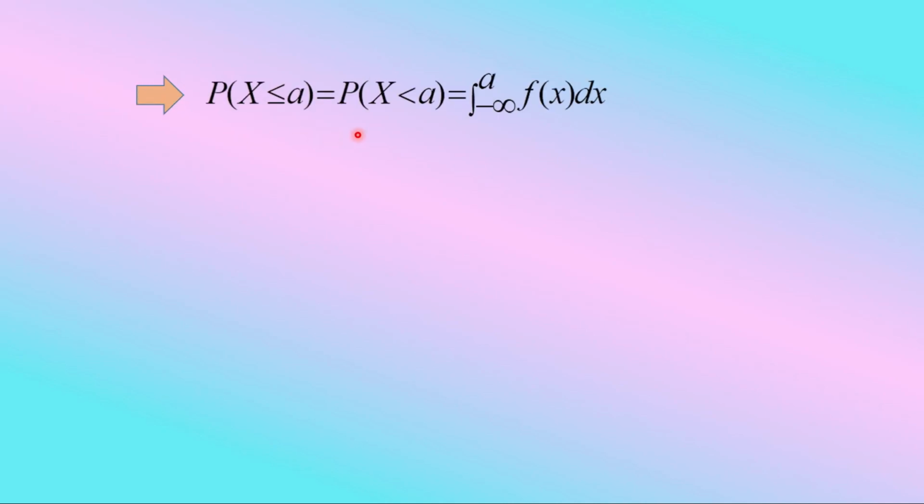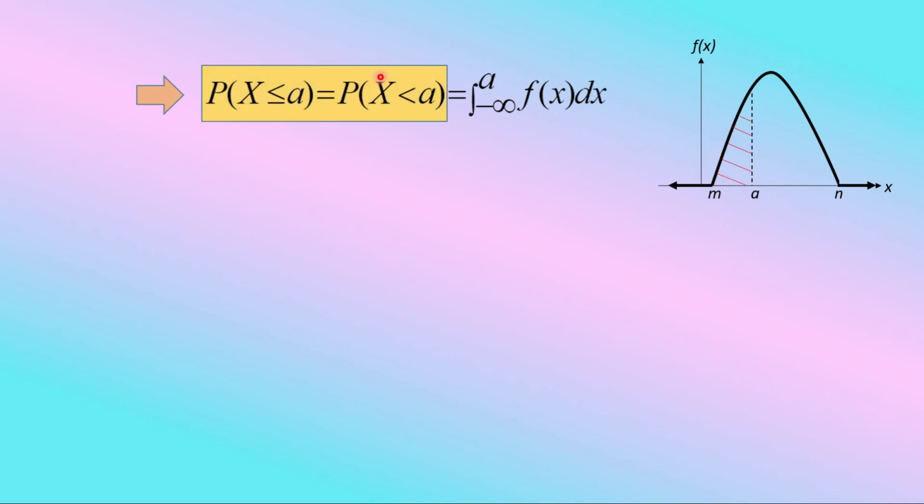The next property is the probability of random variable x less than or equal to a is equal to the probability x less than a, obtained from the integration from negative infinity to a of f(x). This is the area under the curve that represents the probability x less than or equal to a.